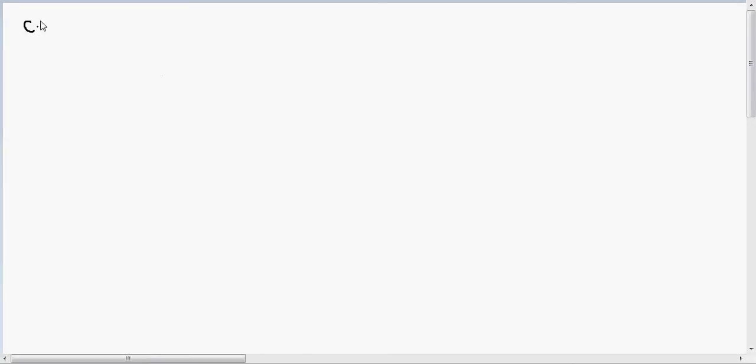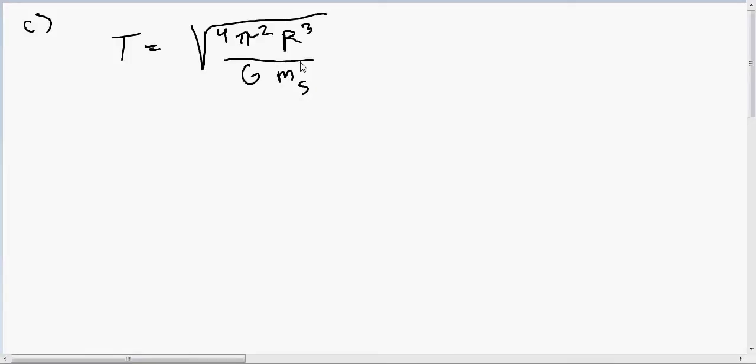Part C asks, which quantities should be graphed to yield a straight line whose slope could be used to determine Saturn's mass? So we already have our equation, T equals, and this equation has the mass of Saturn right here. So we need to find an equation where the slope is just constants and the mass of Saturn, so that we can derive the mass of Saturn from the slope in that graph.